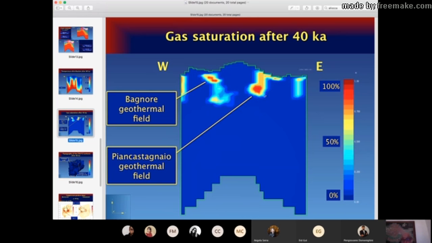But what is even more interesting, you get areas, this big blob here, colored red, and a little bit like an S-shape in the Bagnore geothermal field. These are areas where the fluid is 100% gas, vapor and CO2. And this is exactly what we had at the beginning of exploitation in the Bagnore and Piancastagnaio geothermal fields, where you had the famous gas caps.